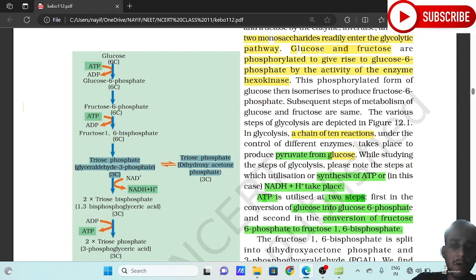So in anaerobic organisms, which always undergo anaerobic metabolism, what happens in their glycolytic pathway? They undergo glycolysis, pyruvate is formed, and pyruvate is converted into acetaldehyde, which is then converted into ethanol.